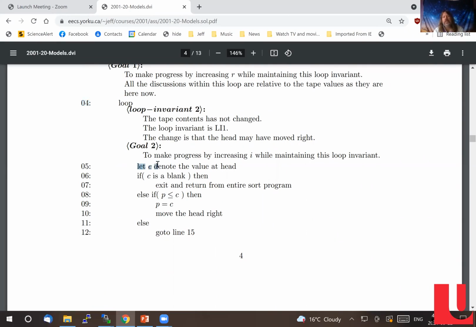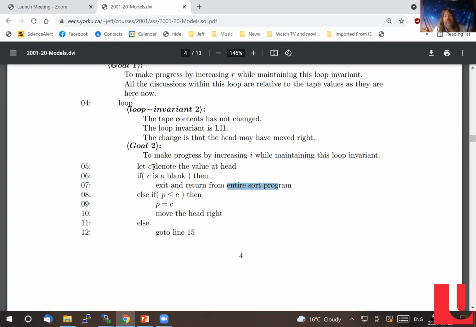All right, so when can we run it till? Well, we can get the value of C because we're there. The C is the first character. If it's a blank, then I'm going to exit. If it's not a blank, I compare the value of P to the value of C. So here, actually, checkpoint here: if it's a blank, then I go to a new state, the exit state.